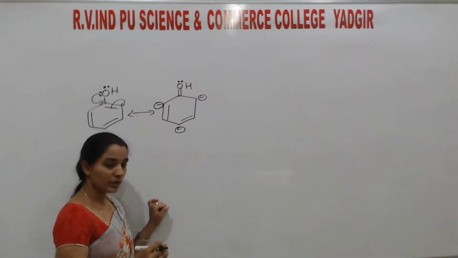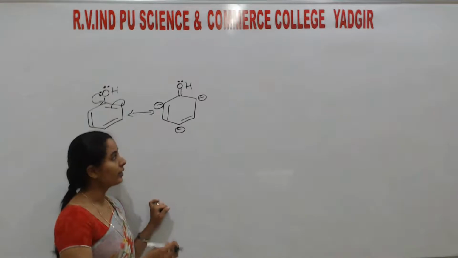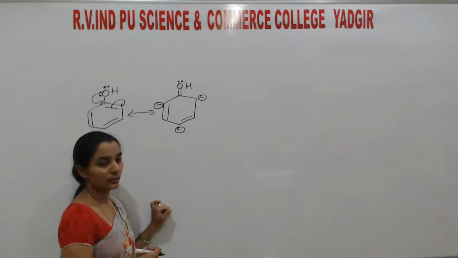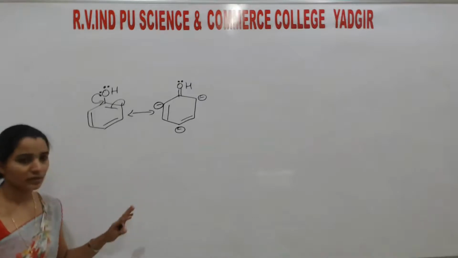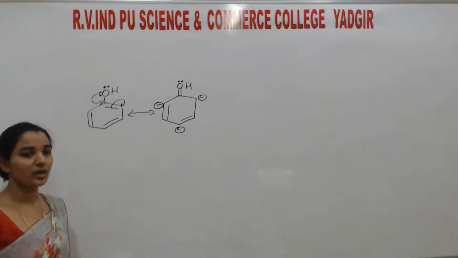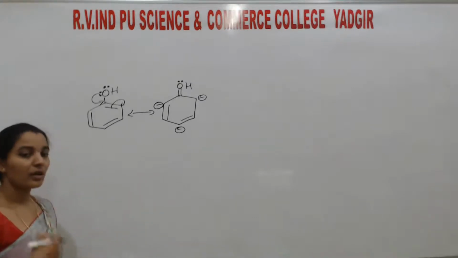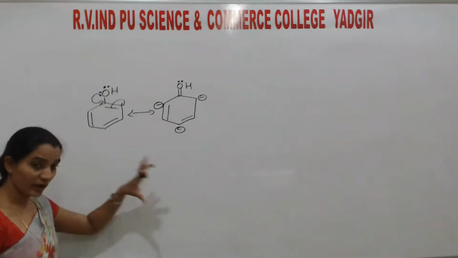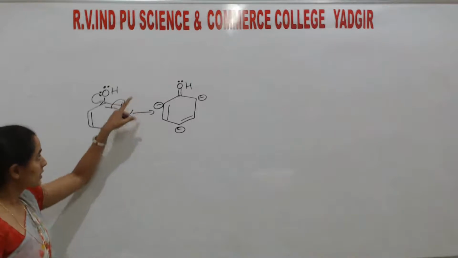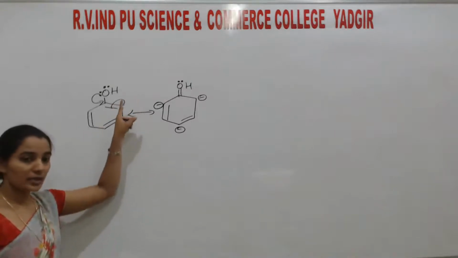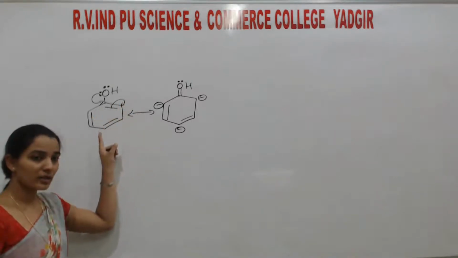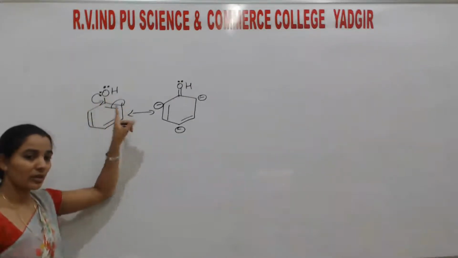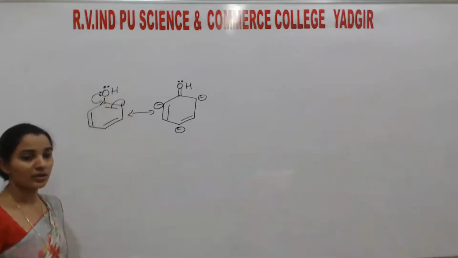So whatever chemical reactions they exhibit, they form ortho and para products. I need not write it again because I already explained this resonance in alkyl halides and aryl halides. Same happens here also. In the Cl atom also lone pair electrons are there, they are involved in the resonance. In OH oxygen also lone pair electrons are there, they are involved in the resonance.